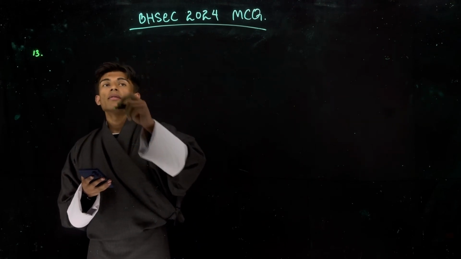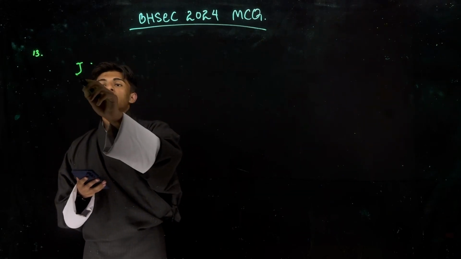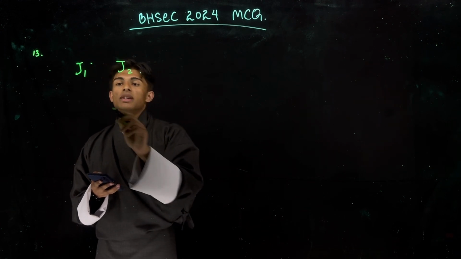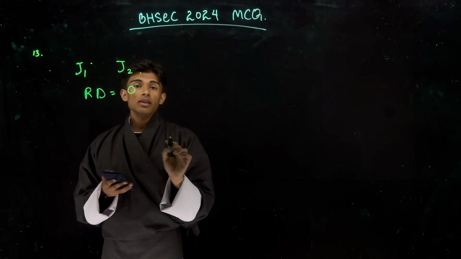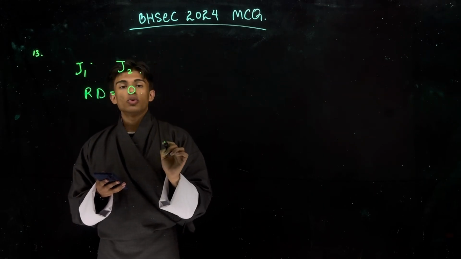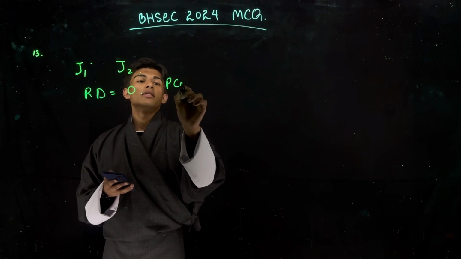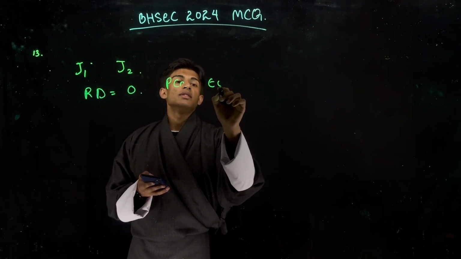Here, what we have is that the rank difference for two judges, judge 1 and judge 2, will always be 0 in a no bias situation, that is, if perfectly correlated or equally opposite.